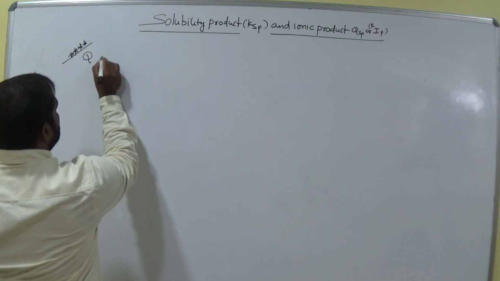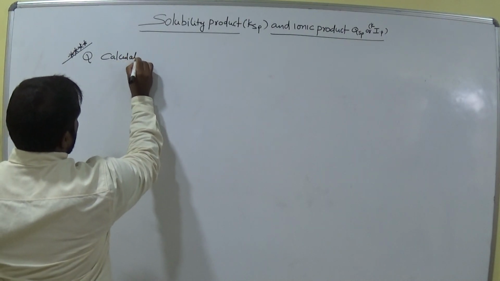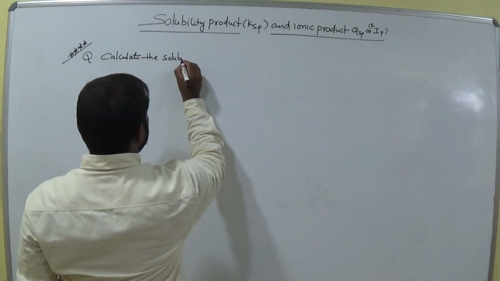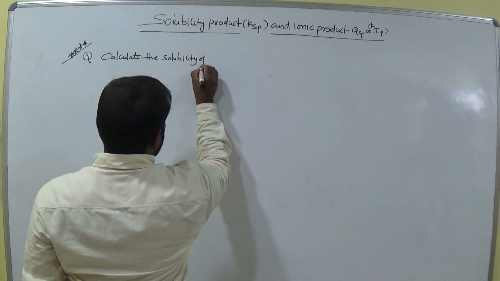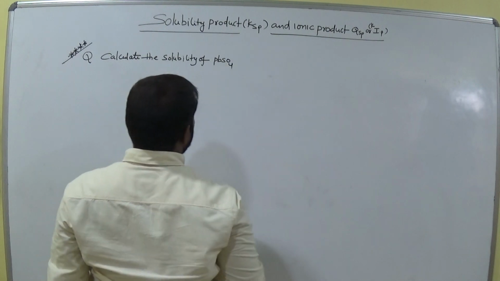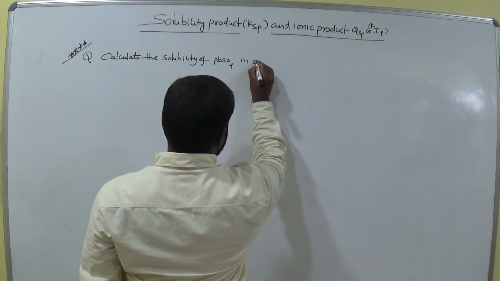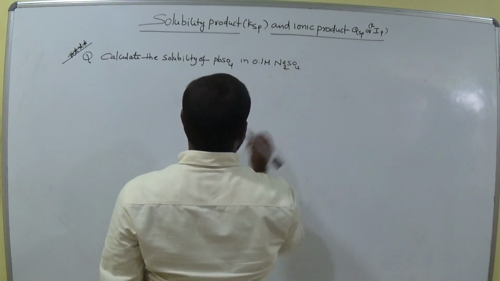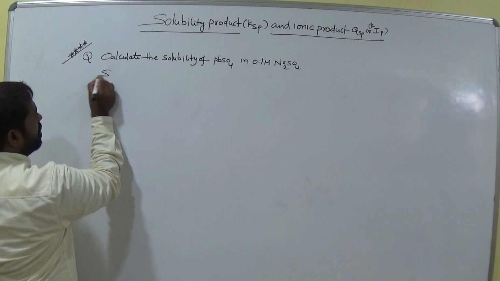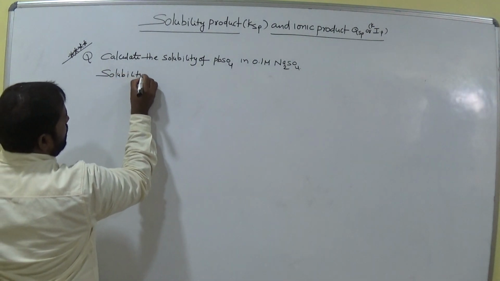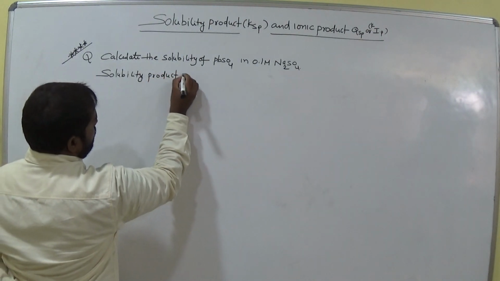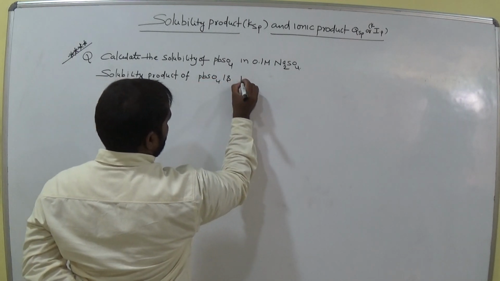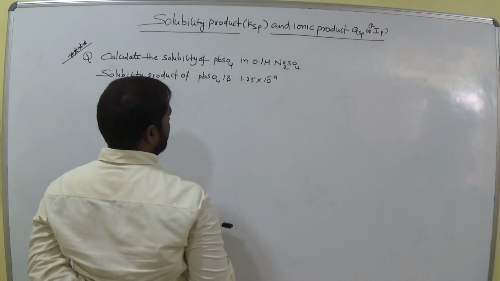Then go for the next problem. Calculate the solubility of lead sulfate in 0.1 molar sodium sulfate, and the solubility product of lead sulfate is 1.25 into 10 power minus 9.